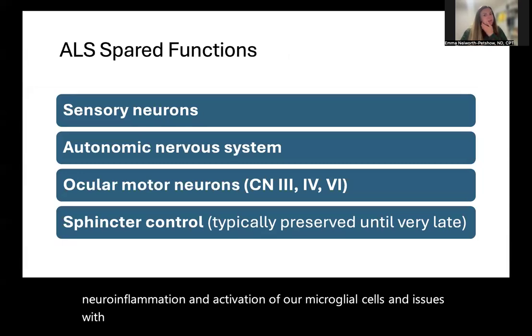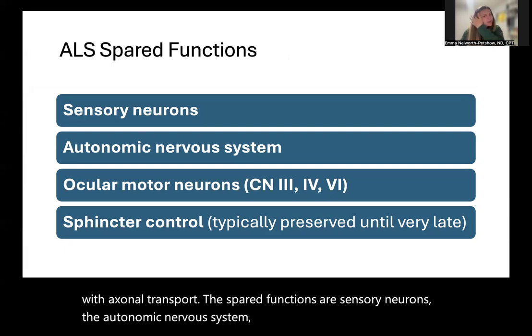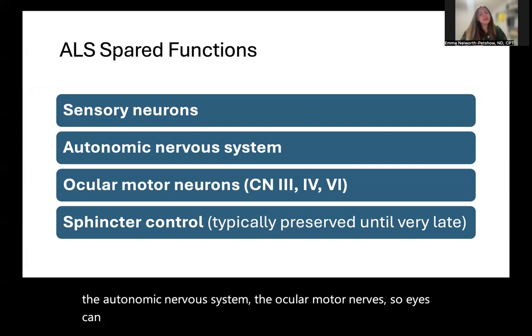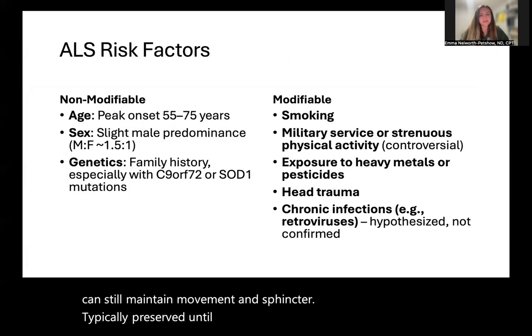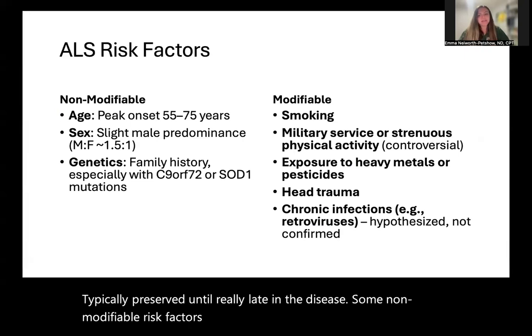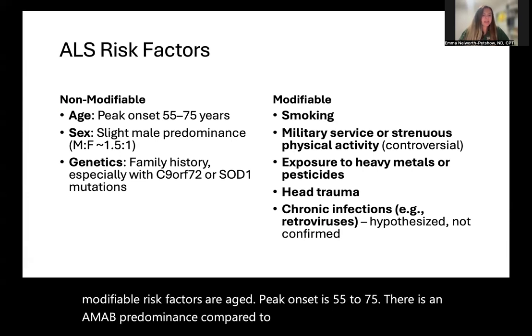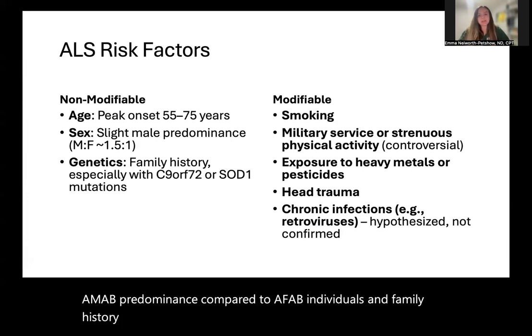The spared functions are sensory neurons, the autonomic nervous system, and the ocular motor nerves, so eyes can still maintain movement, and sphincter control is typically preserved until really late in the disease. Some non-modifiable risk factors are age, with peak onset at 55 to 75, an AMAB predominance compared to AFAB individuals, and family history, especially with a familial linkage.